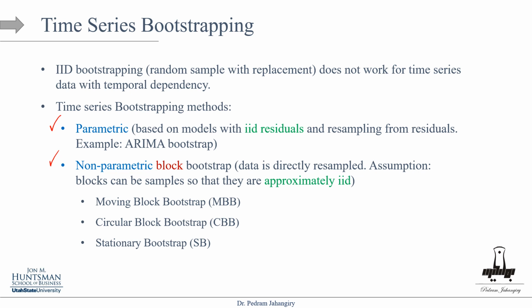Yes, the time series itself is not IID, but we're going to put them in different blocks, and then we assume that those blocks are IID, right? So depending on how we define those blocks, we can come up with different non-parametric block bootstrap techniques, and we're going to cover 3 of them here. Moving block bootstrap, MBB, circular block bootstrap, CBB, and stationary bootstrap, SB.